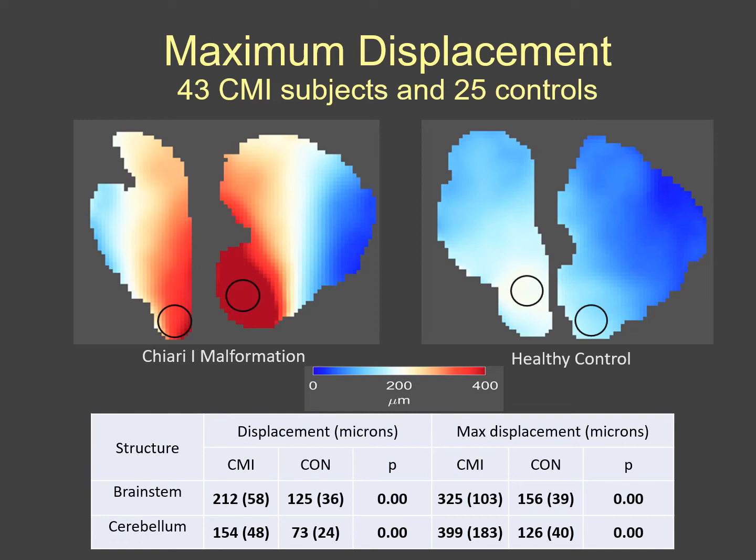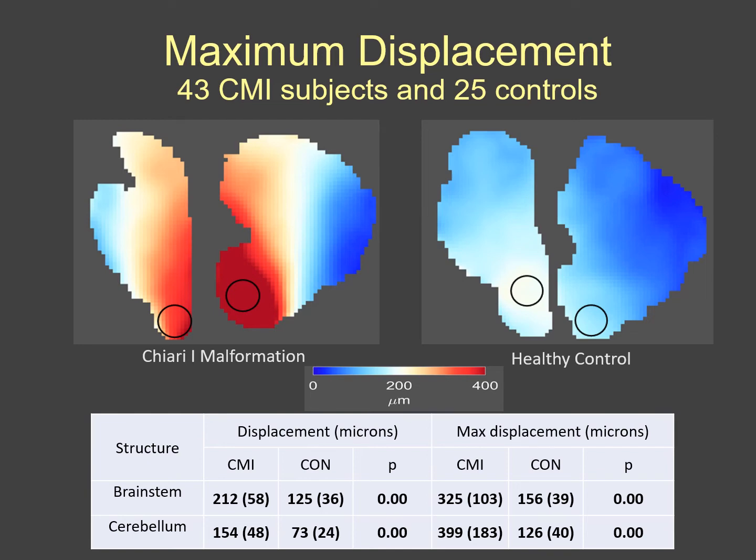And the blue, the cool spots, are low motion. So the structures on the left, the 2 structures on the left, as I said, were for Chiari, and you have quite a bit of motion, particularly down towards the bottom near the foramen magnum, while the healthy control has a similar overall pattern, just much lower in magnitude.